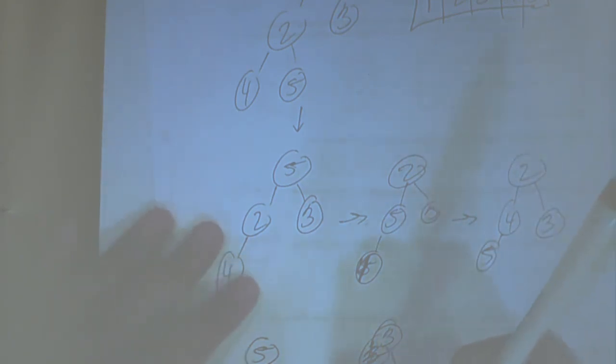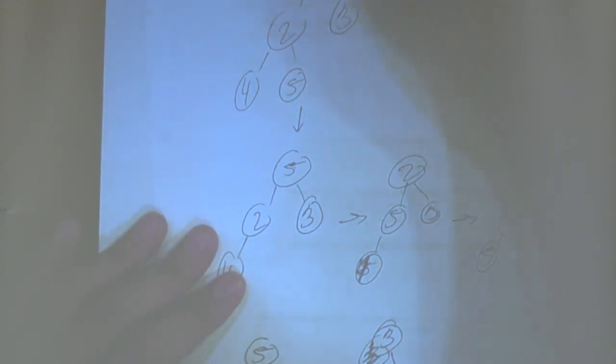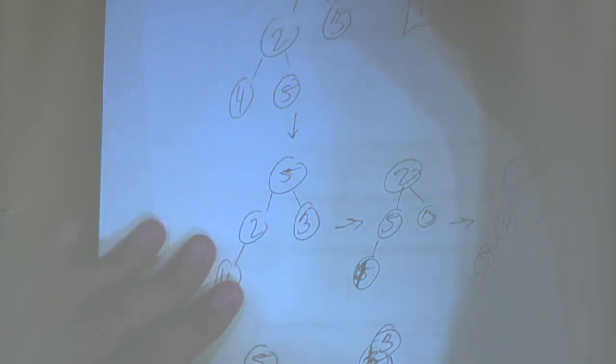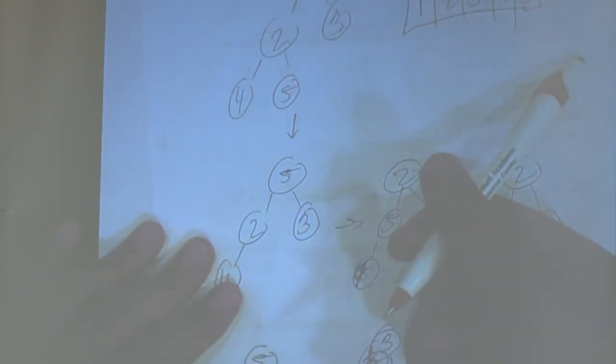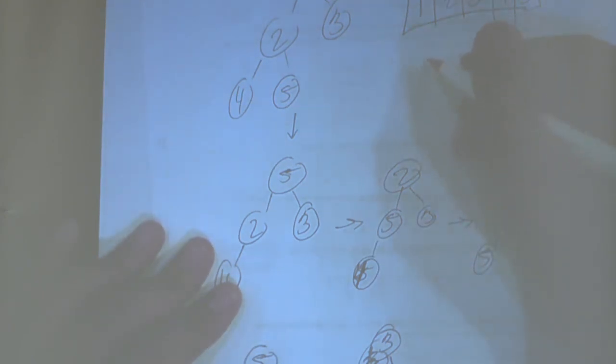Some equations to keep in mind if you want to go back from array to heap. For heap to array, we do delete min, but for array to heap, we need to have these equations in mind. The parent of a node at I will be (I minus 1) divided by 2.